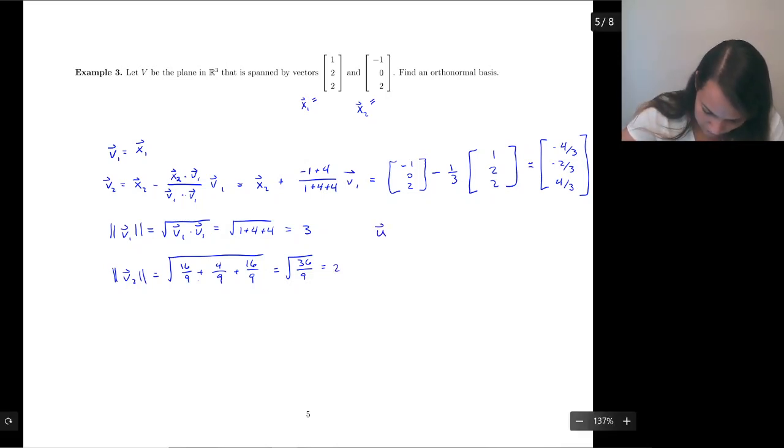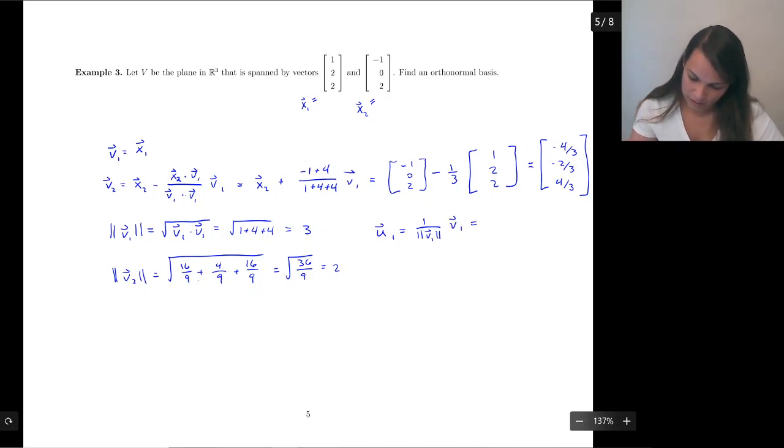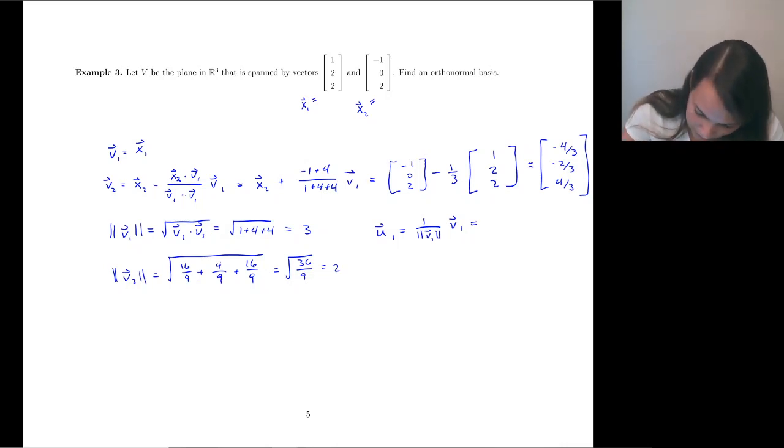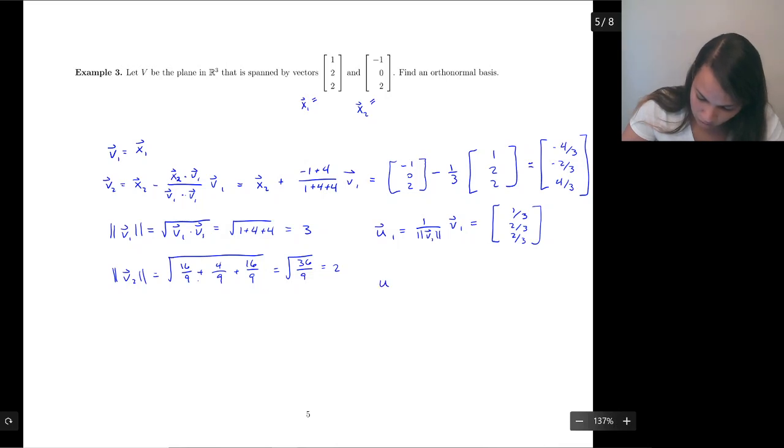So then our unit vectors, so U1 would look like this. We just take V1 and we divide by 3. So that is 1/3, 2/3, and 2/3.